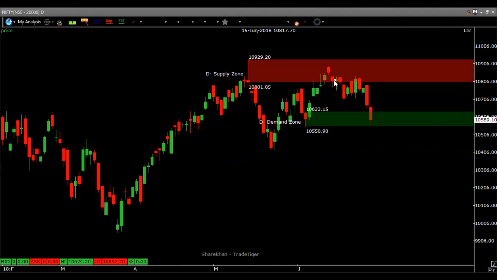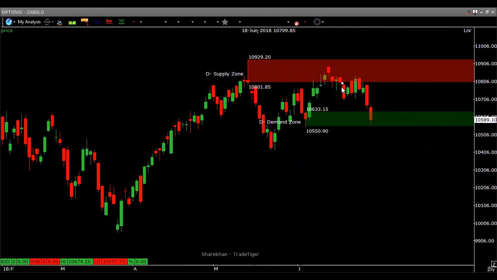Now, how would you classify this gap? Would you classify it as a pro gap, or a novice gap? Since we had an up move and we are gapping down, the gap is in the opposite direction of the previous move.